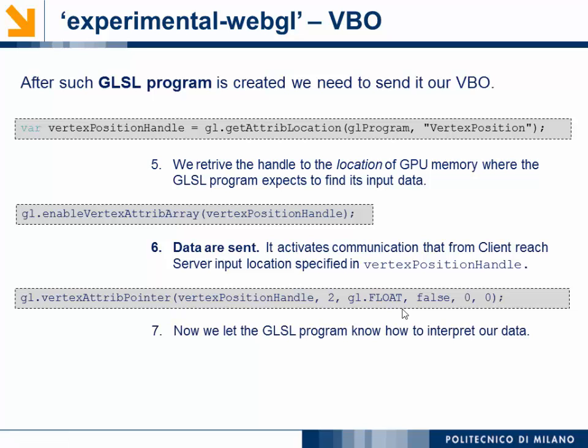So if, for example, we say int, an int is of different size in bytes with respect to the float, so we are not going to collect exactly the value that we want. We are operating with memory, we have to specify this. False just means that the values do not require normalization.